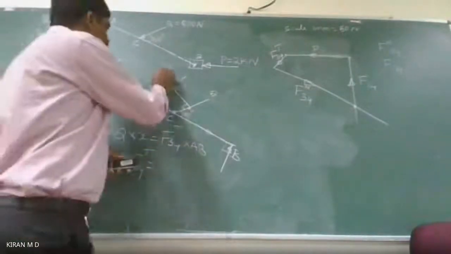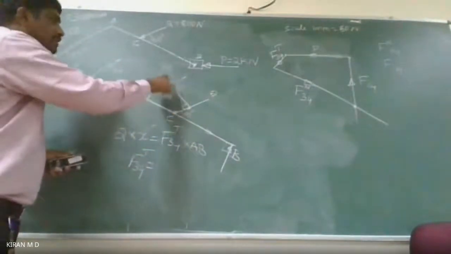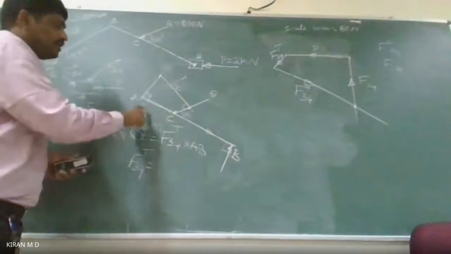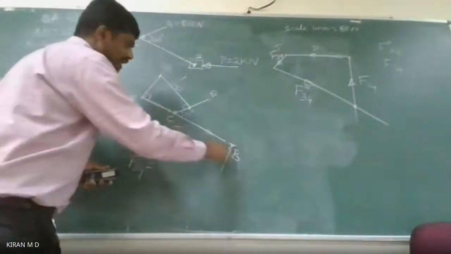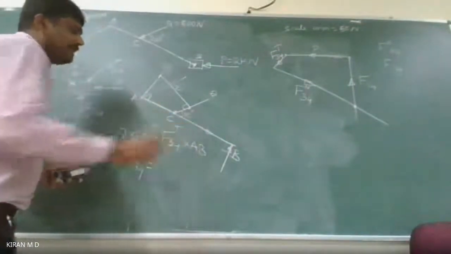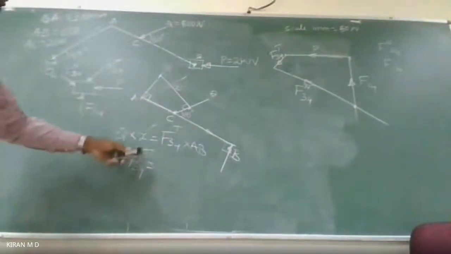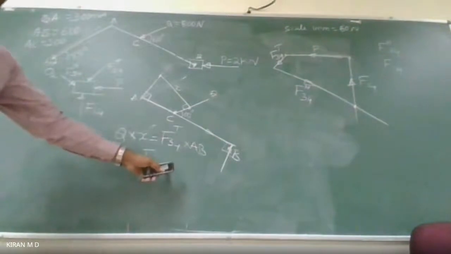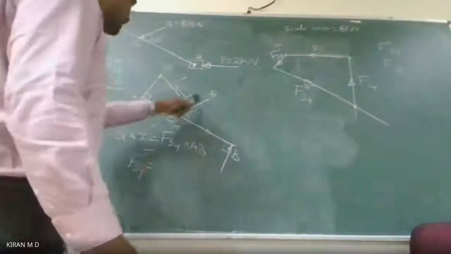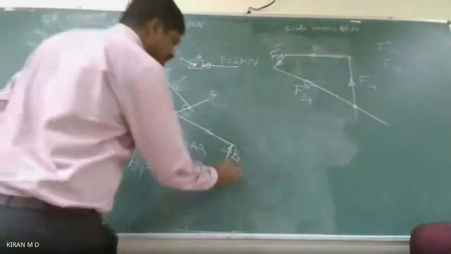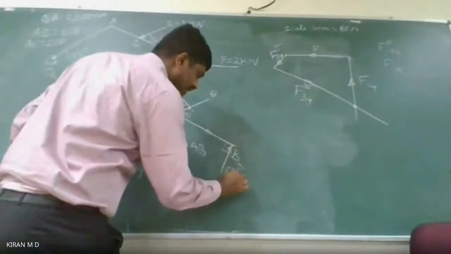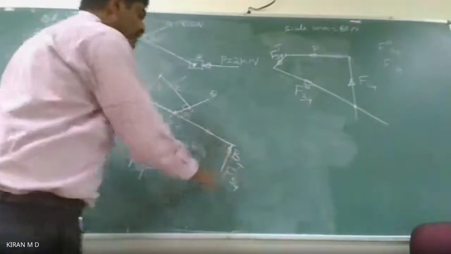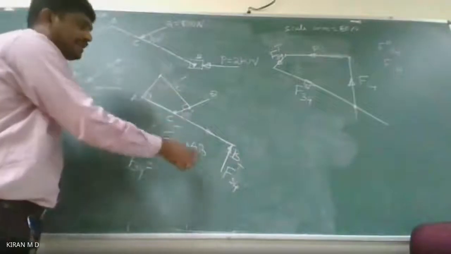To find that, Q into x is equal to the normal force F34 into AB. So you are going to get Ft in terms of Newton, and we got the direction. This is Ft34. You got the value and direction.